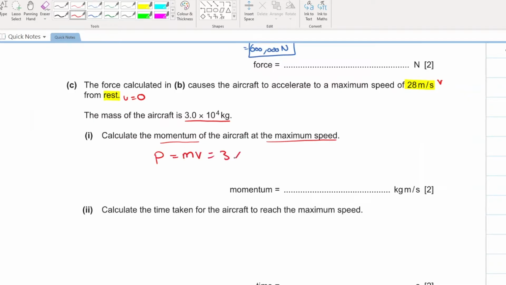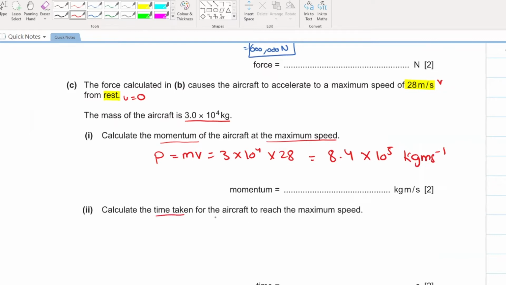Mass is 3 into 10 raised to the power of 4. Maximum speed is 28. 3 into 10 raised to the power of 4 into 28. The answer comes out to be 8.4 into 10 raised to the power of 5 kg m/s.